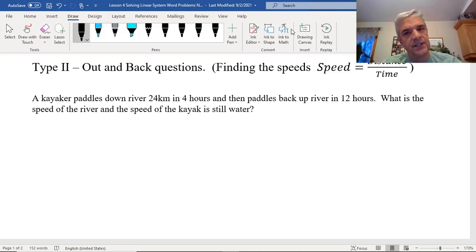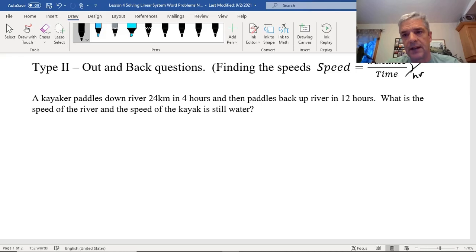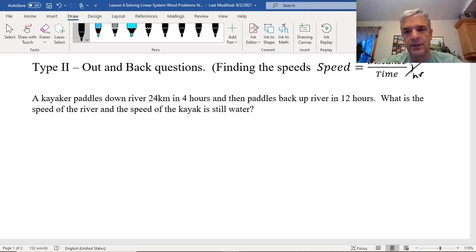You already know that speed equals distance over time because we talk about things like, how fast were you going down the highway? Well, we were doing 80 kilometers per hour, and that 80 is your distance. Per hour is your time, okay? So 80 kilometers per hour, right? That is already an indication of speed equals distance over time.